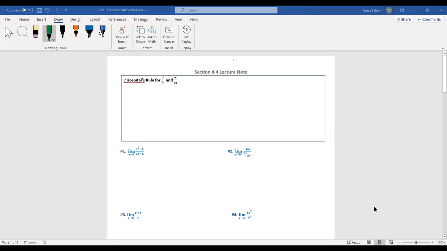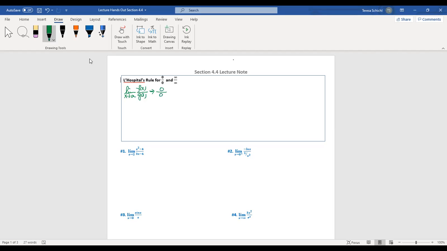Okay, so L'Hopital's rule for 0/0. Let's talk about the motivation for why we want L'Hopital's rule, when we try to find the limit as x approaches some value. For example, if I have the limit as x approaches a, of f of x and g of x, let's assume f of x approaches 0 and g of x approaches 0.